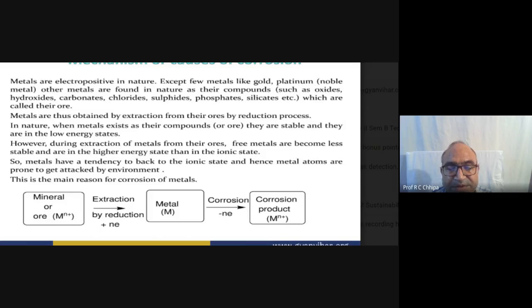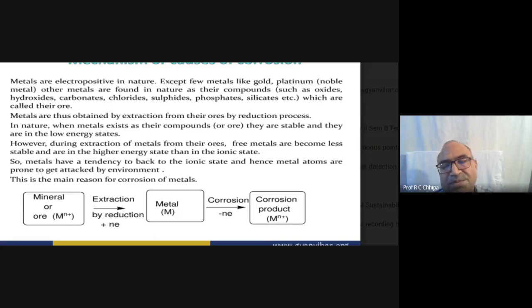On the earth these metals are not in native form, they are in their respective ores, and ores are the combined form, compounds of metals. There is a large difference, because we have to see different properties of metals.